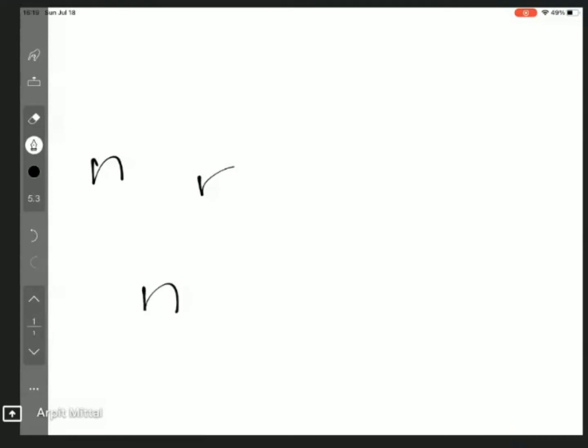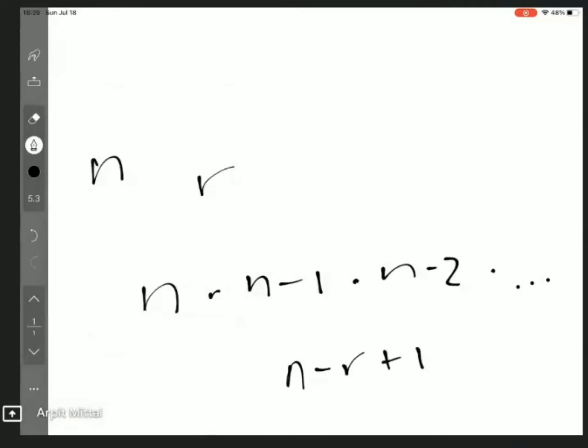Then we have n minus 1 people to select the next person. Then we have n minus 2 people to select for the next person in the group of r. And then for the final rth position, we have n minus r plus 1 people who can be that position.